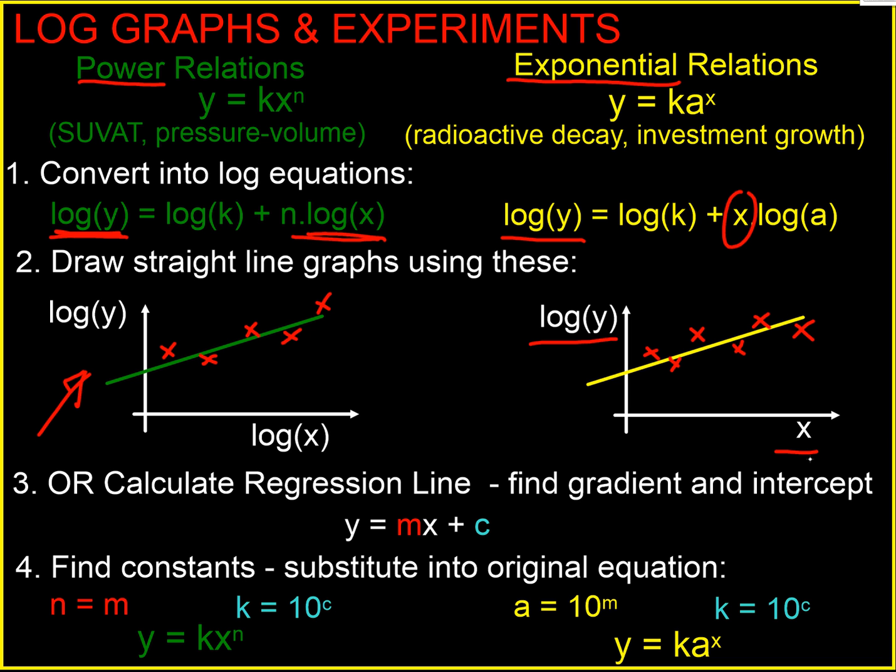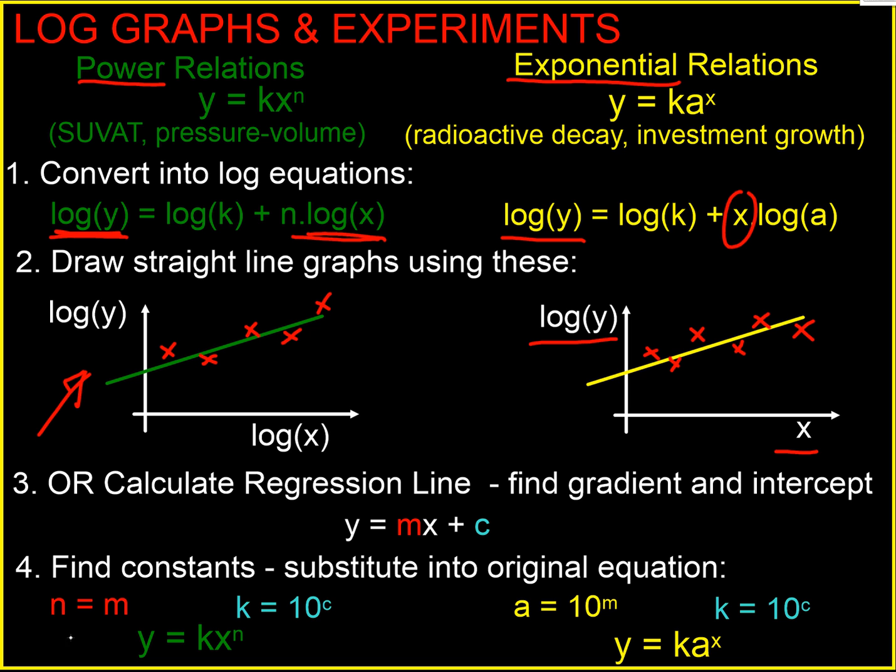You could then do a best fit line by hand and use that to find your gradient and your intercept, m and c, or you can put it in your calculator, which these days is what you can do in most of these exams, and this turns up in the pure exam and in the stats exam, so it's well worth knowing how to do it. And then we just work backwards.